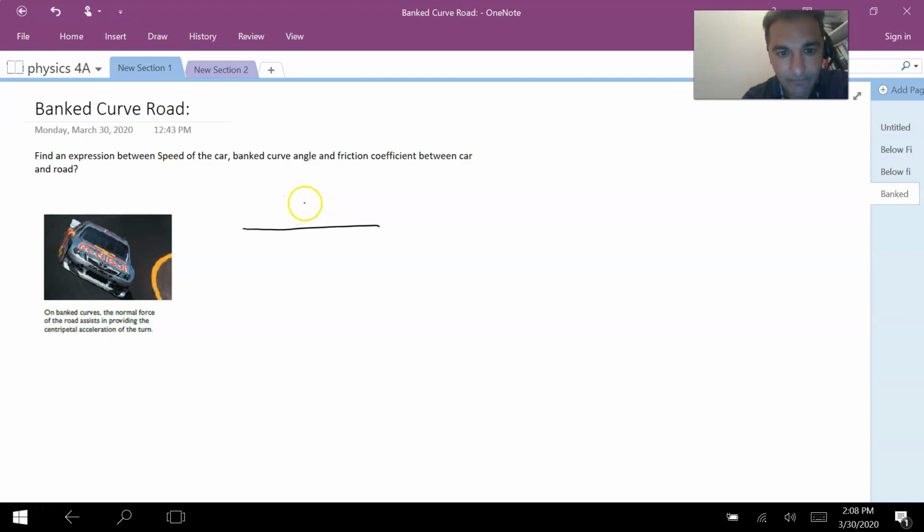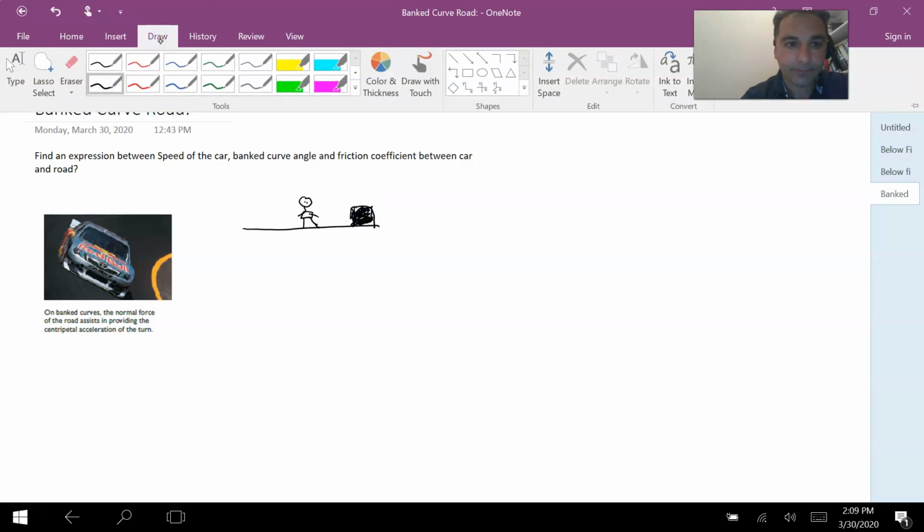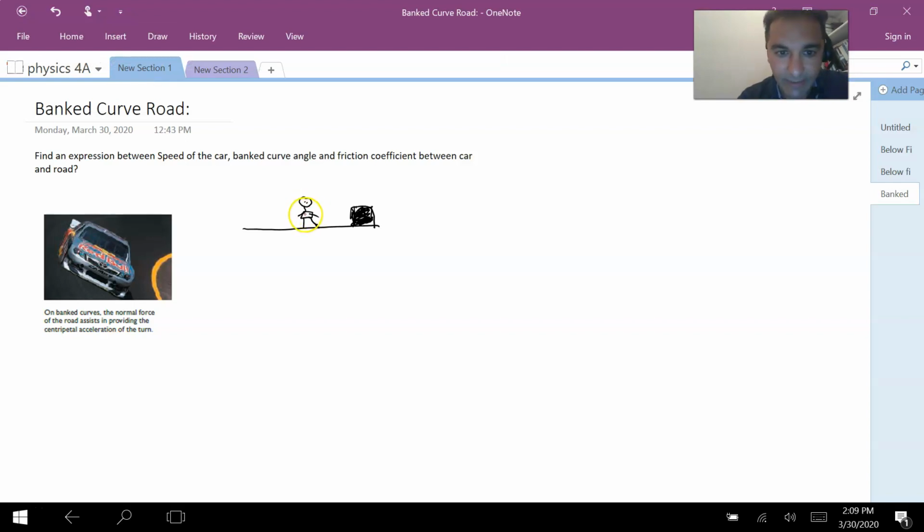If I say this is a person, how many forces do we see at this time when a person or object stays on the ground? Let's say this is an object, correct? I can say we have in reality two forces.